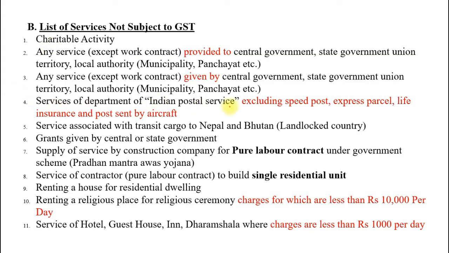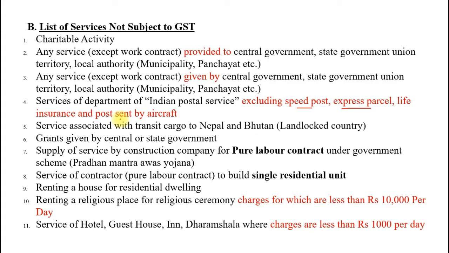Services of the Department of Indian Postal Service, excluding speed post, express parcel, life insurance post, and by aircraft. Always remember, services which are available for the mass population will all be exempted. But those which are luxury, like speed post, express parcel, first class service, all that becomes taxable.